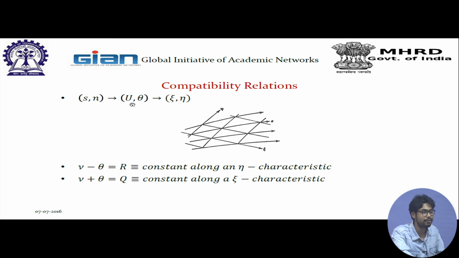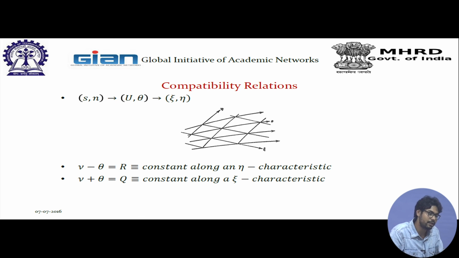From that we will again transfer them to xi eta coordinates, where xi and eta are the characteristics, because as we have seen earlier, in the supersonic regime the equation of motion becomes a hyperbolic partial differential equation. So that is why we will get two directions, xi and eta.